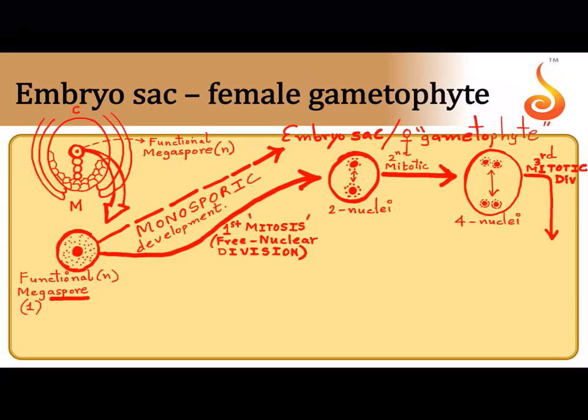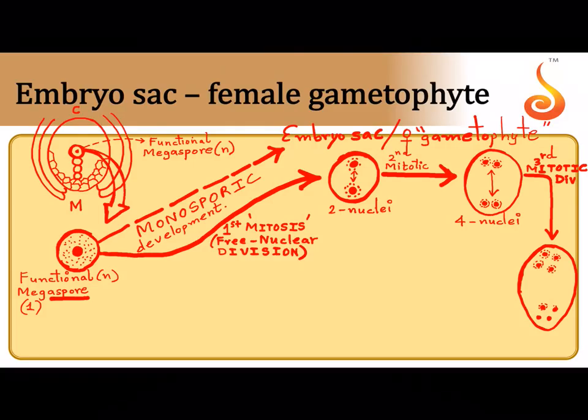So now what do you expect? The cell has become even longer, now elongated into a spindle shaped cell. Now 4 will become 8. So 4 nuclei become 8 nuclei, and see how the 8 nuclei are occupying the opposite sides. The dots which I am drawing here represent the nuclear envelope.